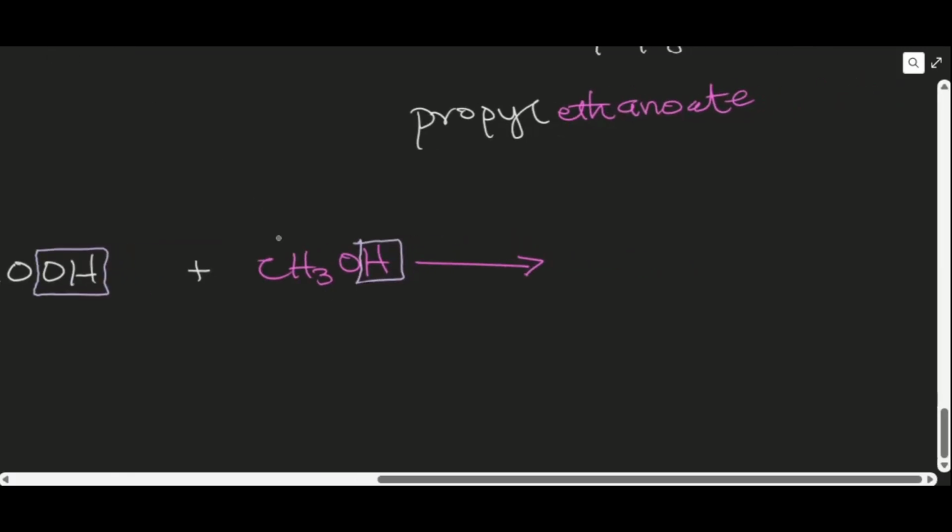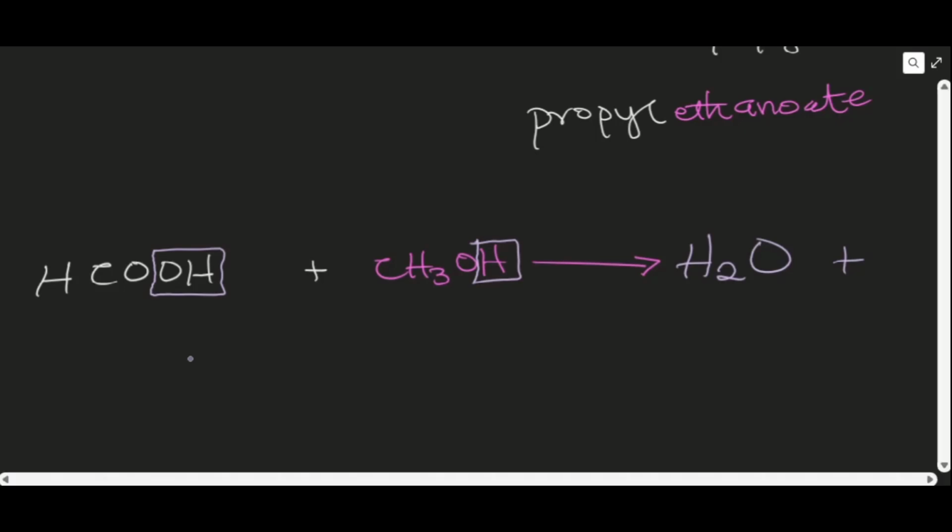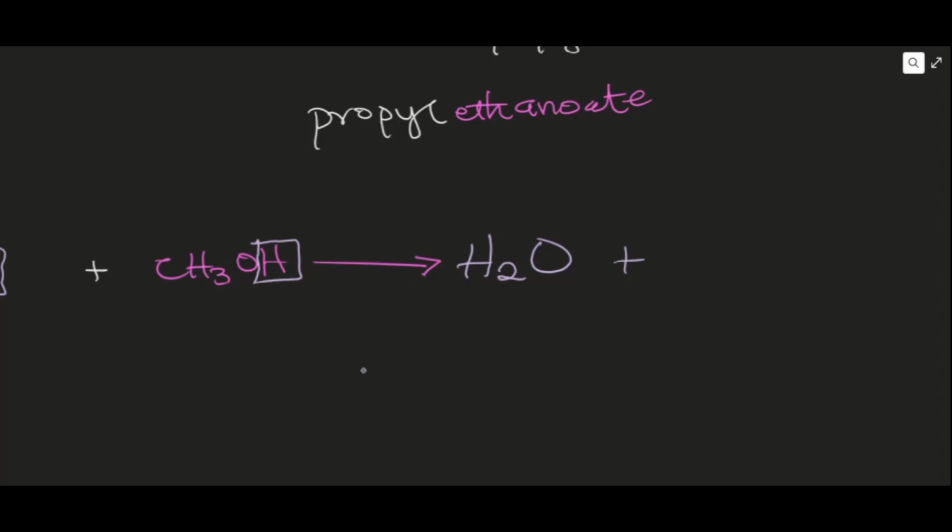So the OH and the H of the alcohol will give us water, and then the HCO, what we have left of the acid, you put it down, so it's going to be HCO, and then we take the O of the alcohol, so I'll put it here, O, and then the CH3 that you have left of the alcohol, we'll put it here as well, CH3.